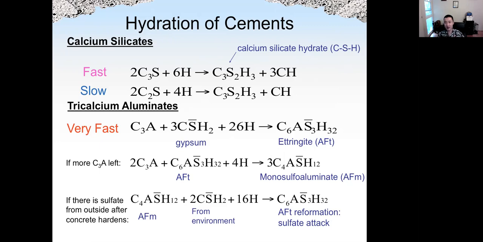If there is any monosulfoaluminate after the concrete hardens, and then we have some sulfate from the environment, that means potential trouble, because AFm will react with sulfate to generate ettringite again after the concrete hardens. It's kind of complicated, but we're going to talk about this in much more detail later. So this is the reaction for C3A.